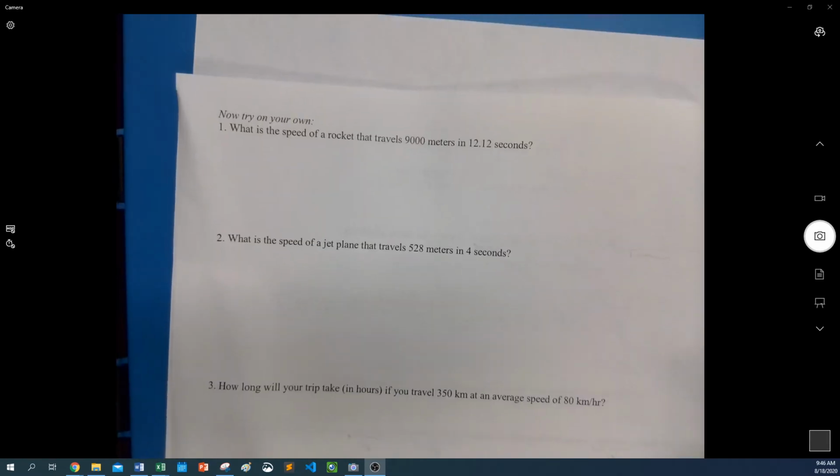So let's do the first problem. What is the speed of a rocket that travels 9,000 meters in 12.12 seconds?